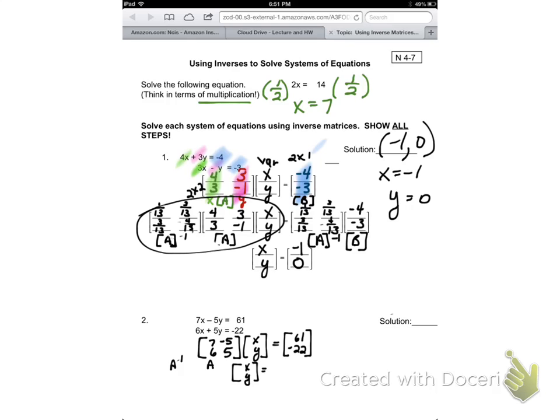And what you're going to do then, you're going to set up the inverse here and show that you're multiplying it by 61, -22, and then you're going to write your answer matrix there, which is going to be a 2-by-1 matrix.